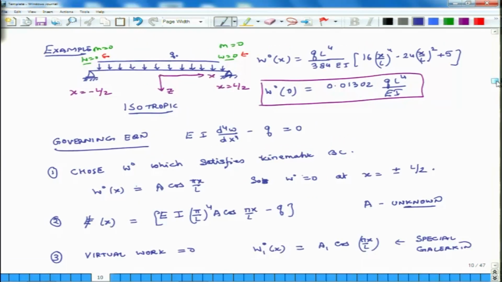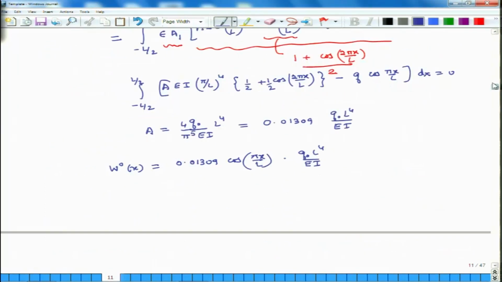The exact solution is 0.01302. Okay. So, the numbers are very close. So, in this case the principle of virtual work gives us a fairly good estimate of the displacement at the midpoint of the beam, and if we take more terms in the solution, we get more and more accurate results.